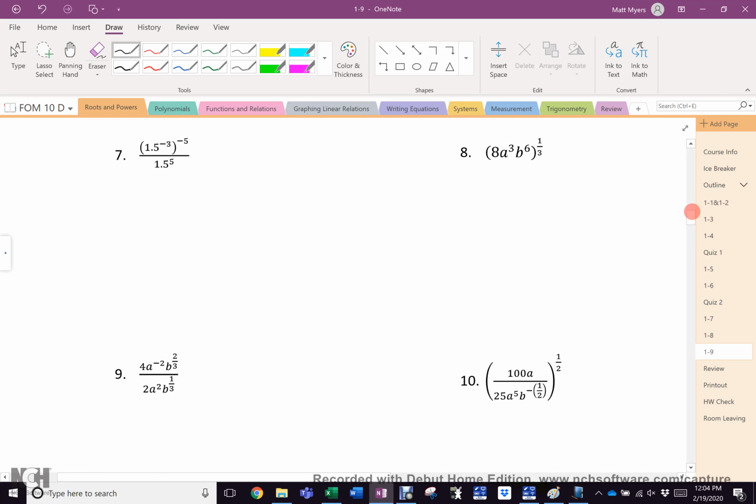What are we doing with number 7? Multiplying the 3 and the 5 exponent. To get what? Negative or positive 15. I couldn't fool you. 1.5 to the 15th over 1.5 to the 10th, or the 5th. What do I do now? Subtract.